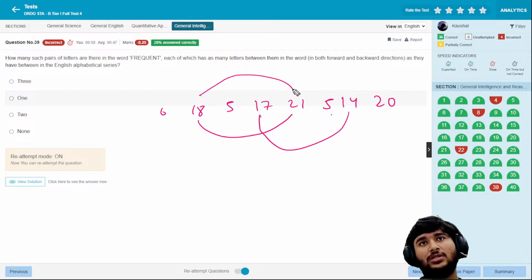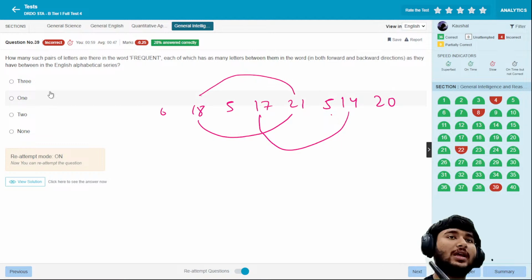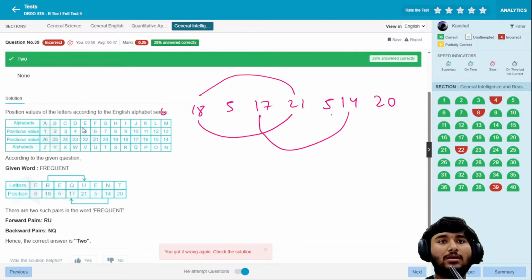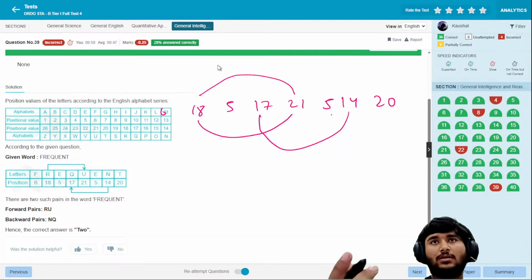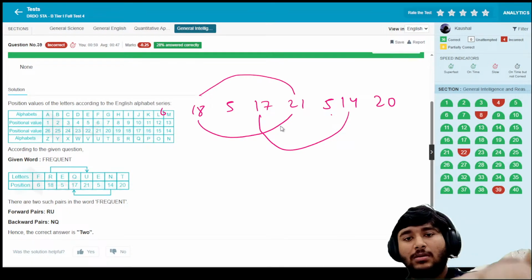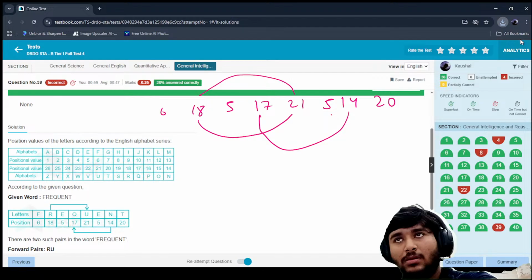Each of which has as many letters between, both forward and backward, as they have in the English alphabet. 3 is already happening. 15, 16, 17. What was that, what just vanished? What is this?